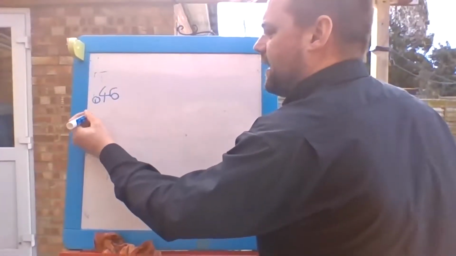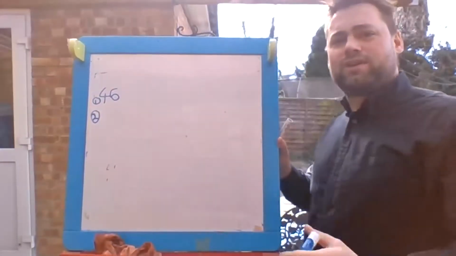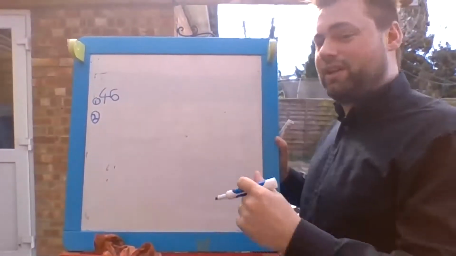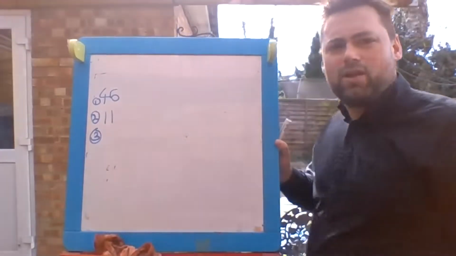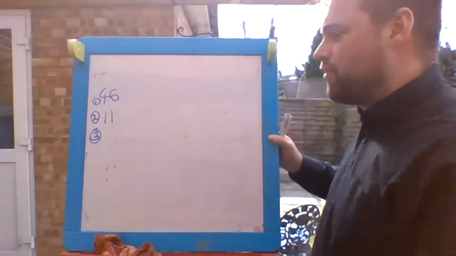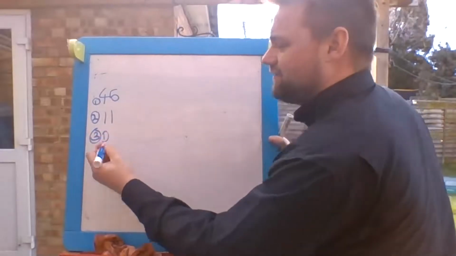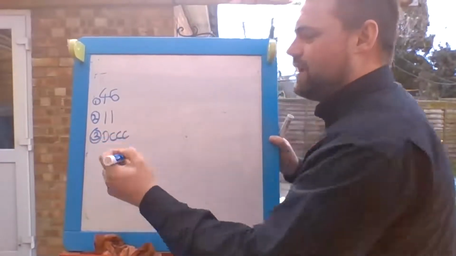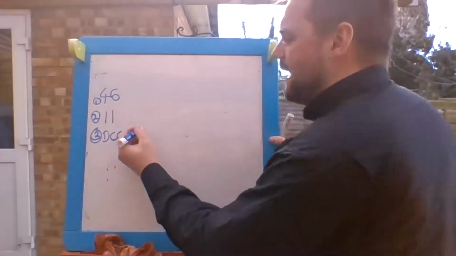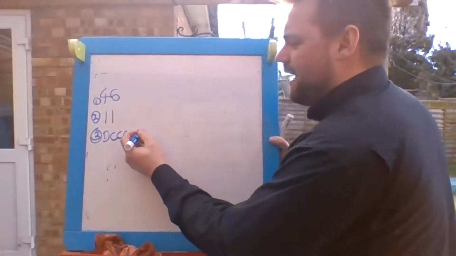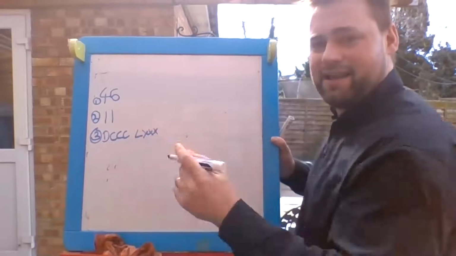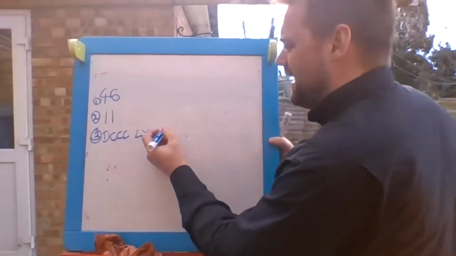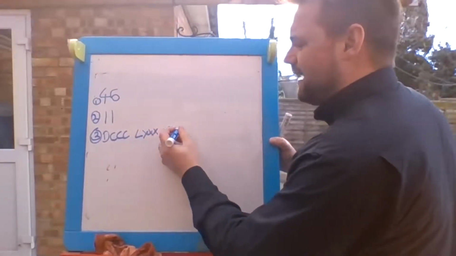Question 1 is 5 times 9, which gives you the answer of 45. Question 2, what is 33 shared into 3 equal parts? That is equal to 11. What is 888 as a Roman numeral? D is 500, and then we add three Cs to make 800. 80 is L, which is 50, plus 3 lots of 10. And then 8 is 5 add 3.